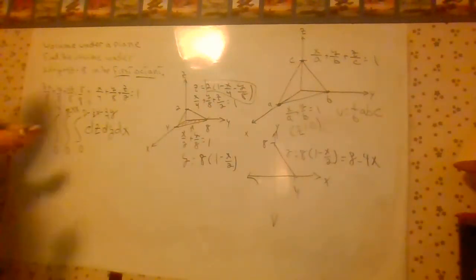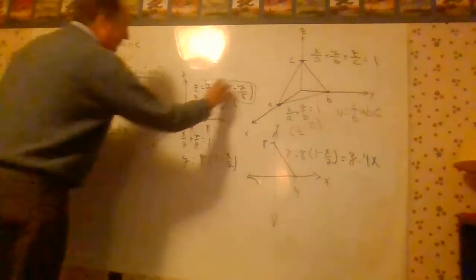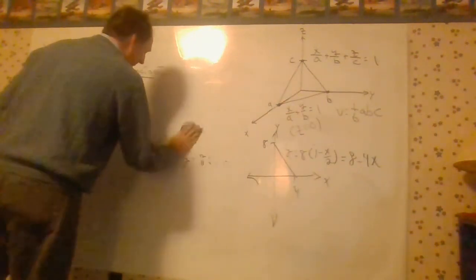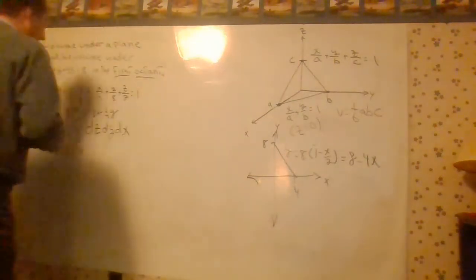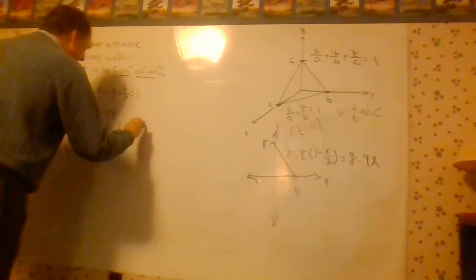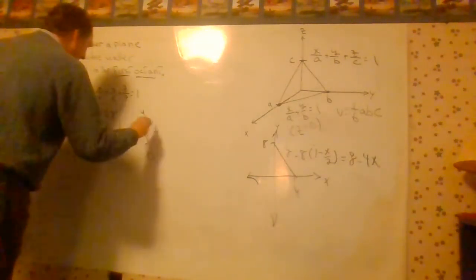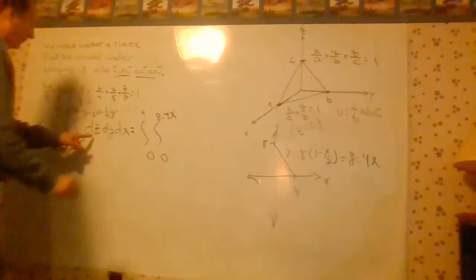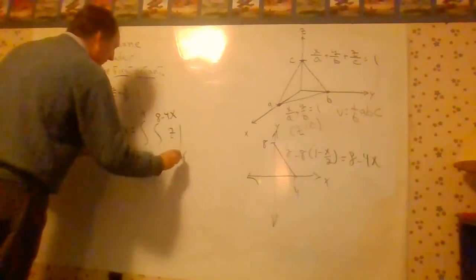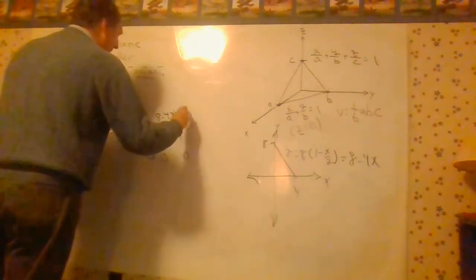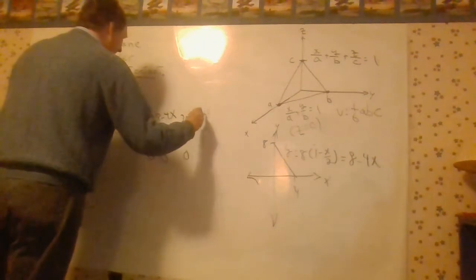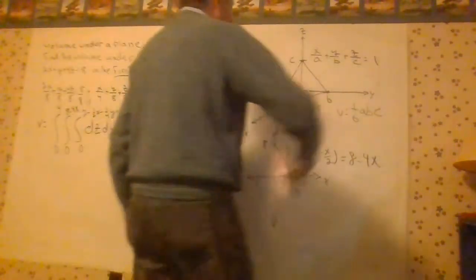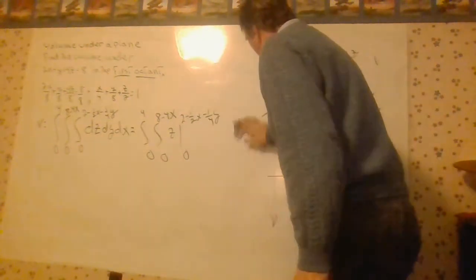Okay, let's evaluate this integral. We'll see if we can get part way through. It's a simple integral, but tedious. Integral 0 to 4, integral 0 to 8 minus 4x, z from 0 to 2 minus a half x minus a quarter y. And let's clear some space over here.